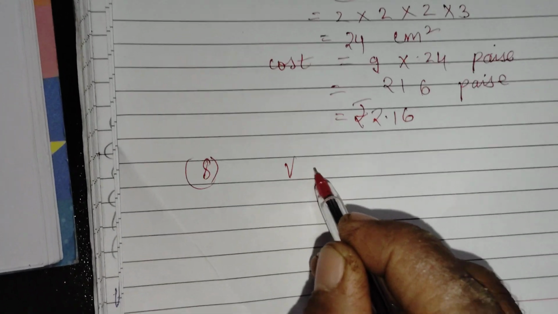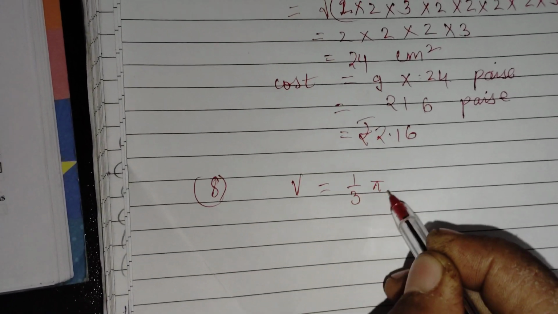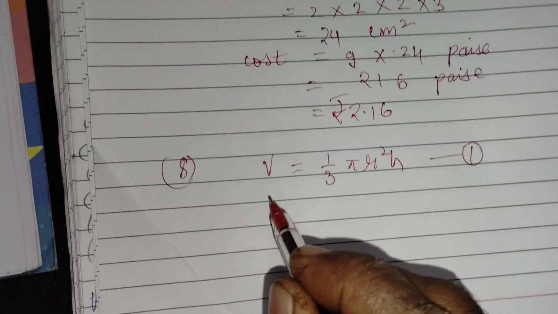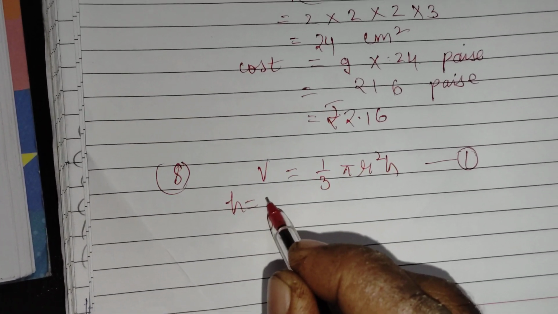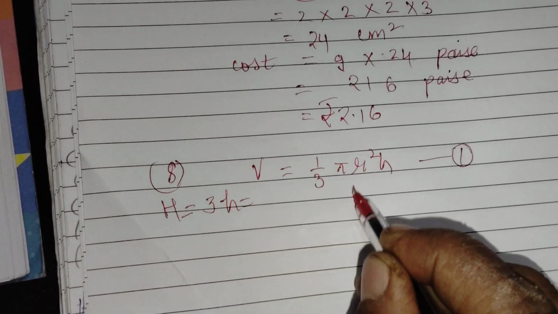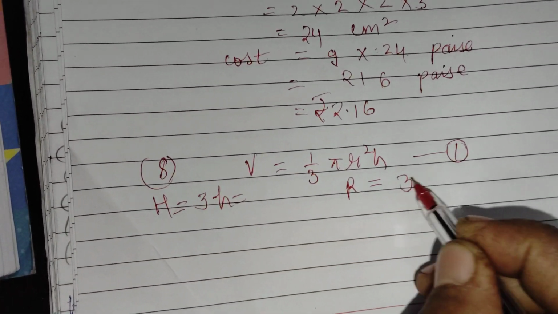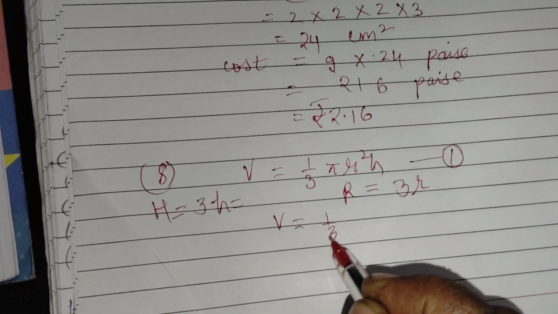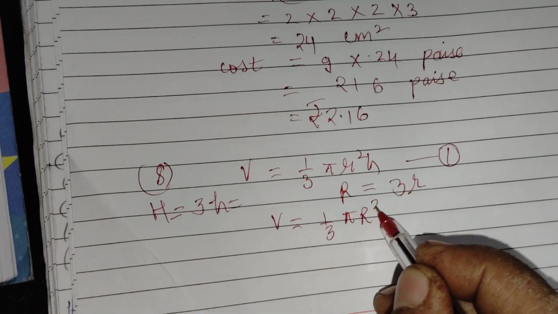The volume of a cone is 1 by 3 pi r square h. This is the original volume. If height is tripled, we write 3 times height as the new height, and radius is tripled, so 3r. Now the new volume will be 1 by 3 pi r square h.